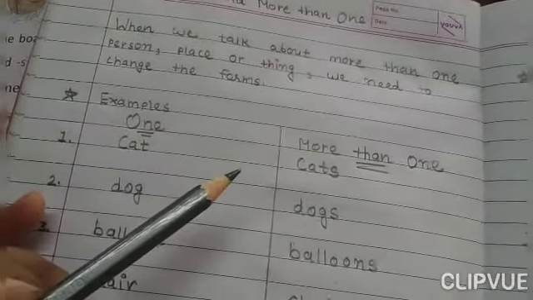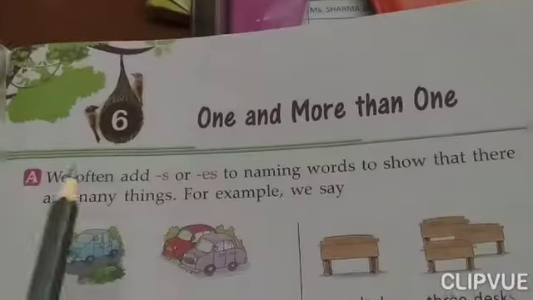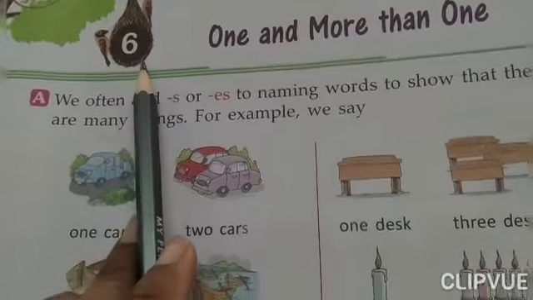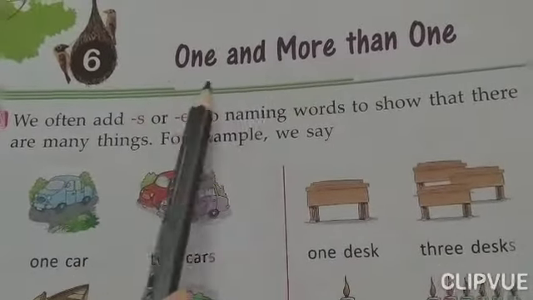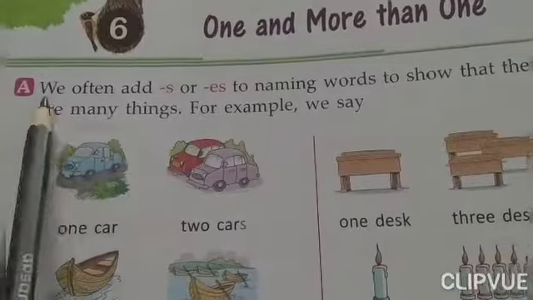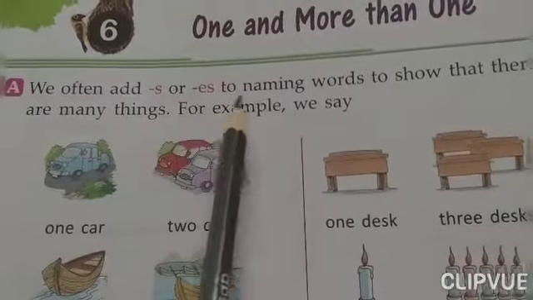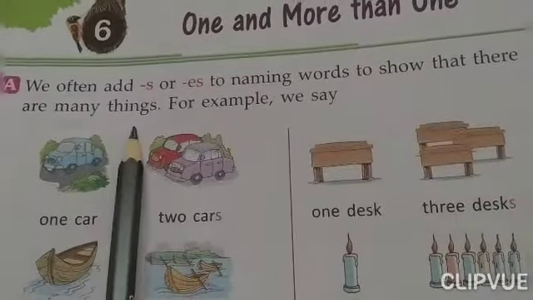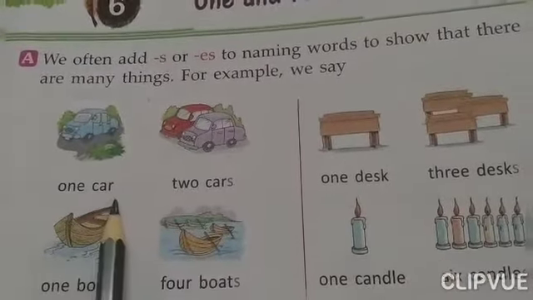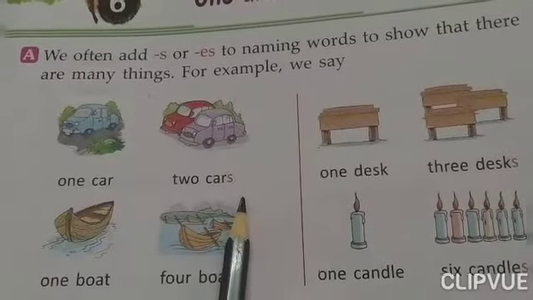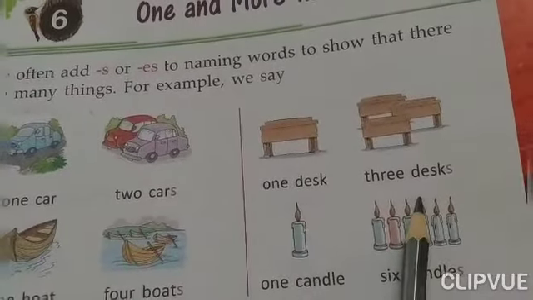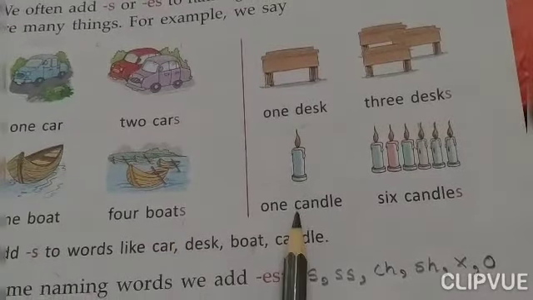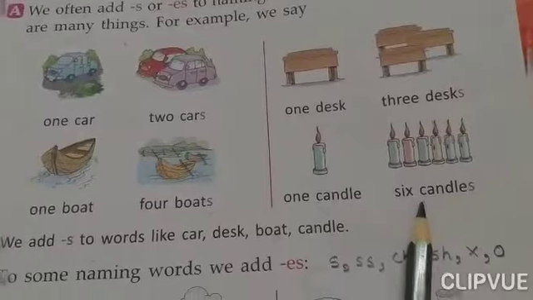Now we will see it in your textbook. Children, in your textbook, that is lesson number 6 and page number 11, one and more than one. We often add s or es to naming words to show that they are many things. For example, one car, two cars, one desk, three desks, one boat, four boats, one candle, six candles.